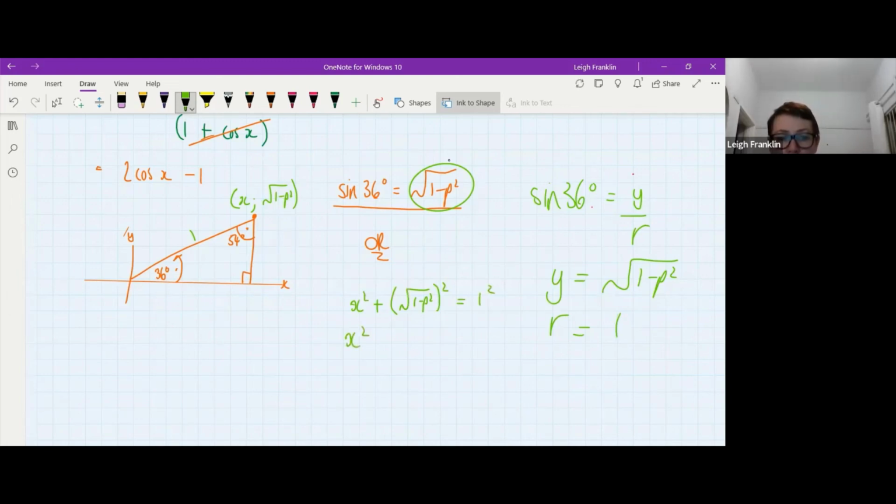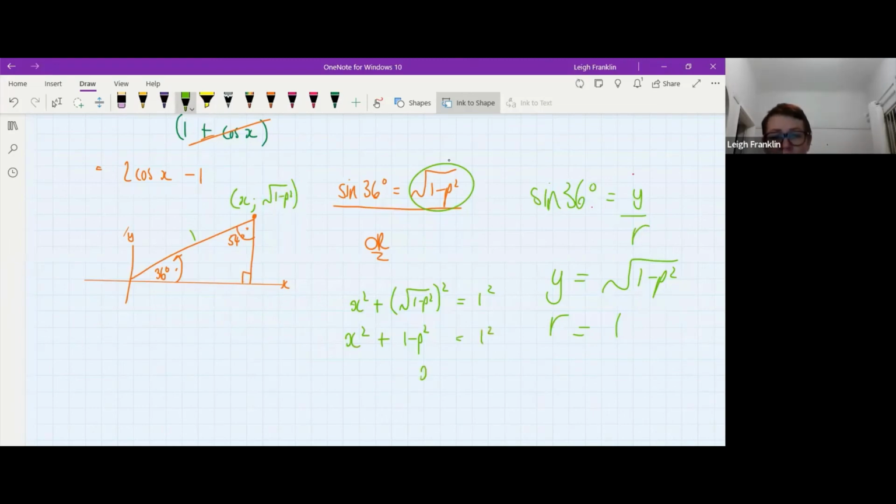So that means x squared plus 1 minus p squared would be equal to 1 squared.